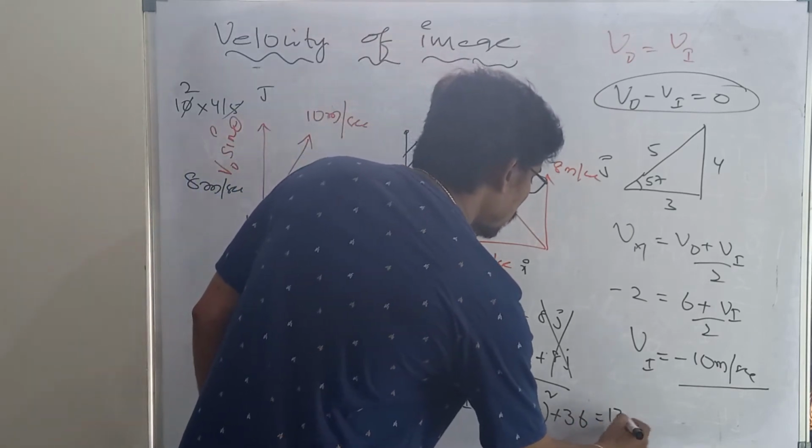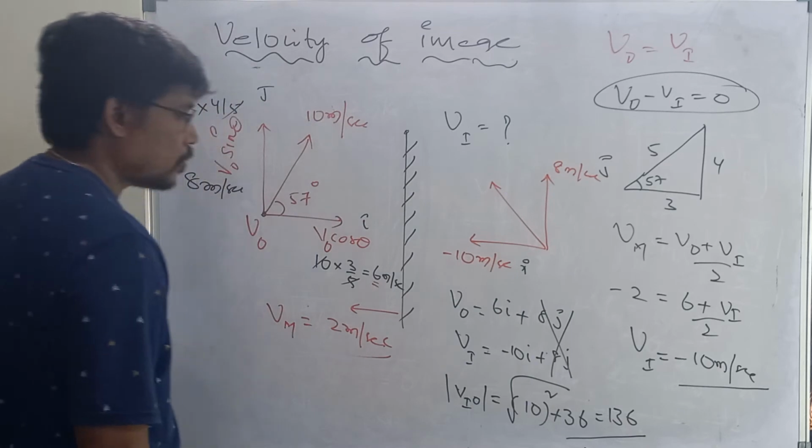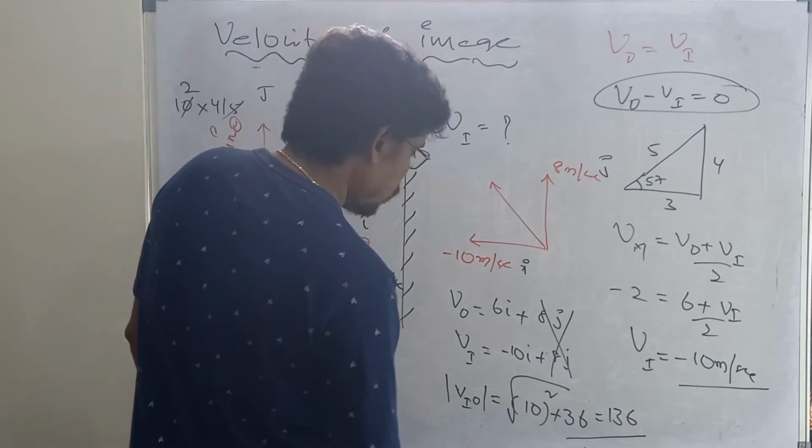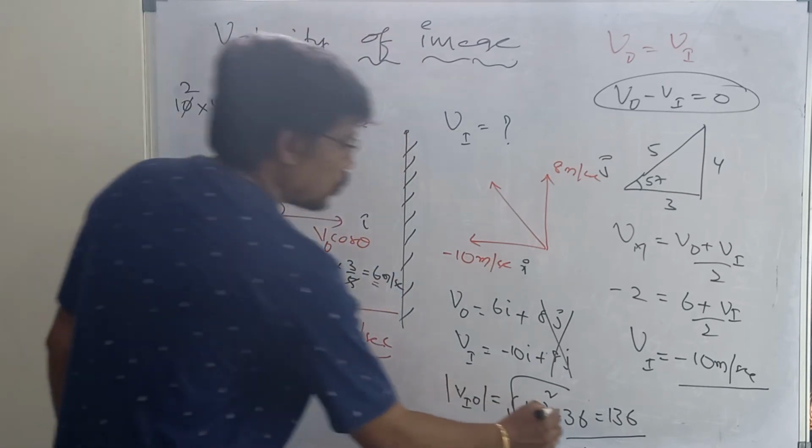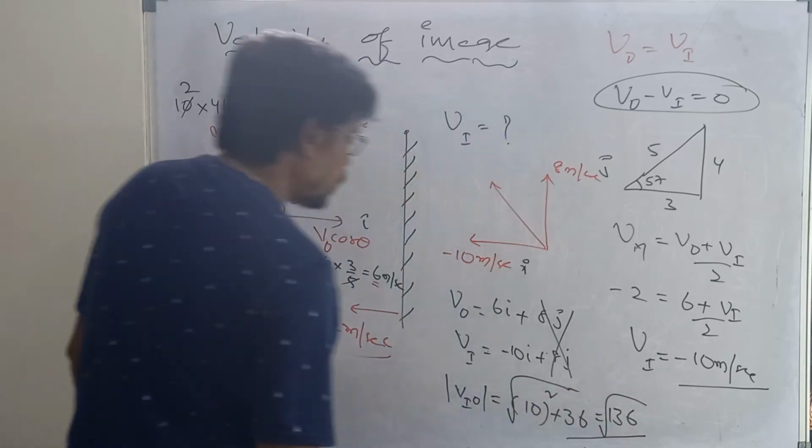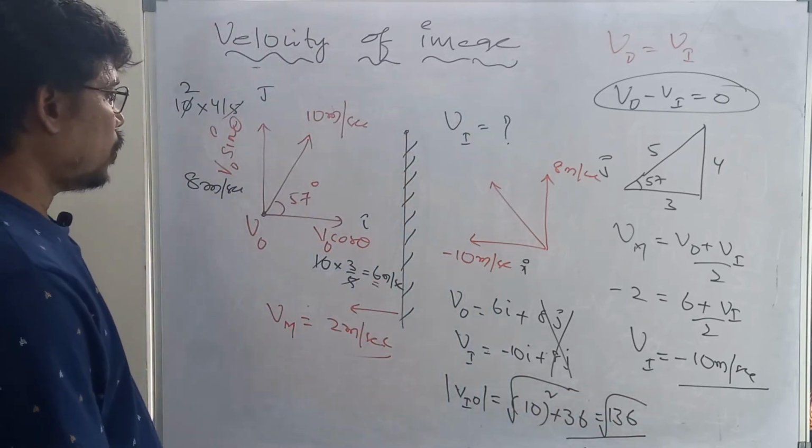So that is 100 plus 36, it is 136, so root 136. Is it right?